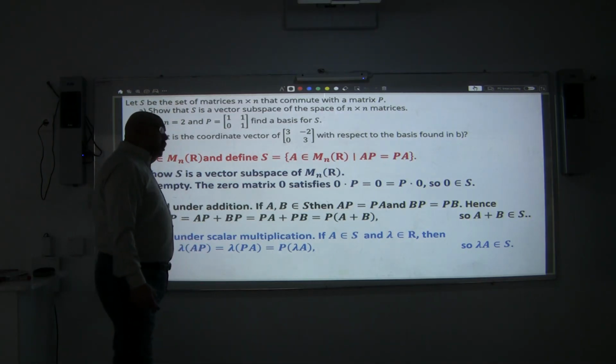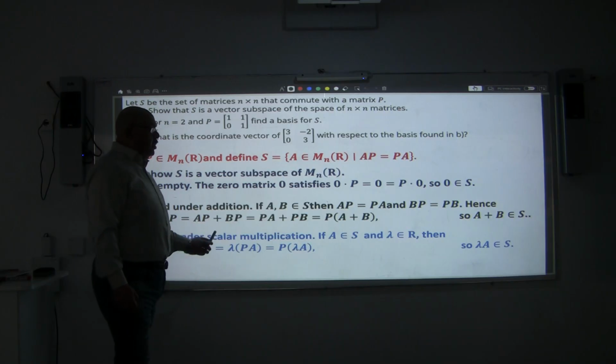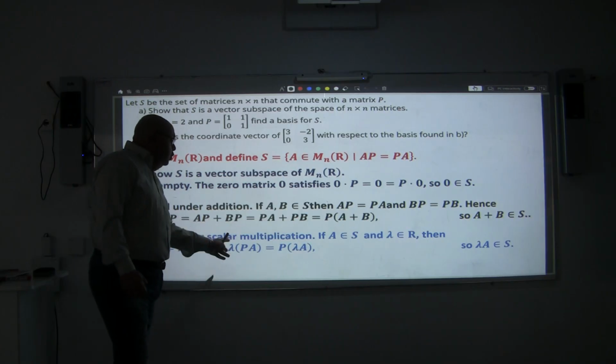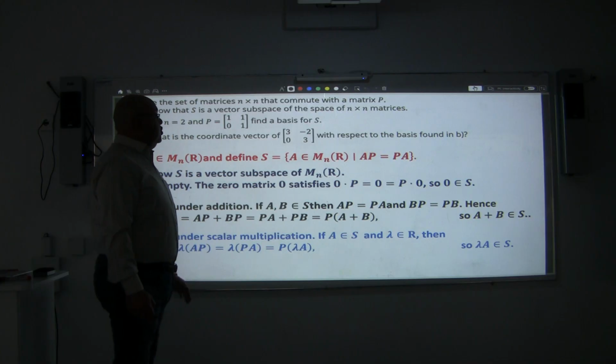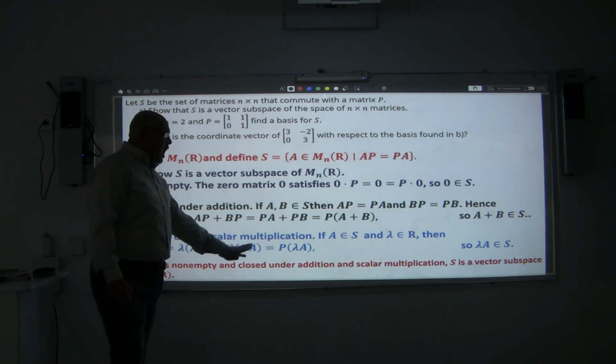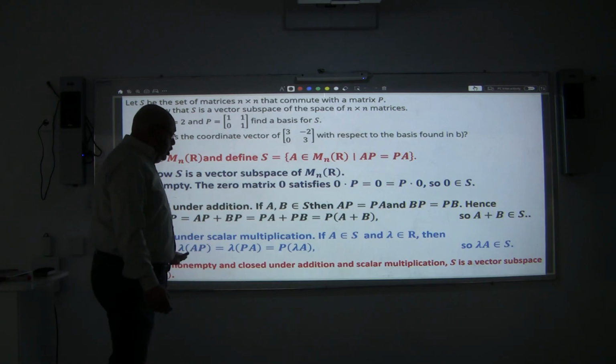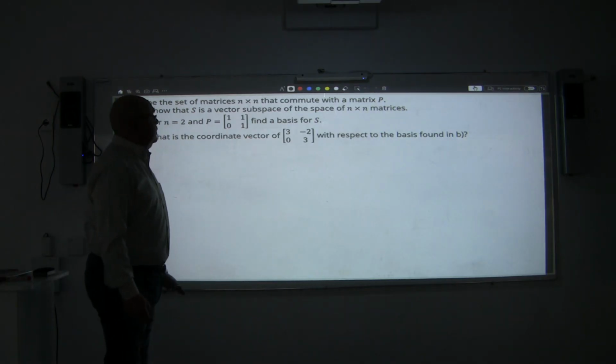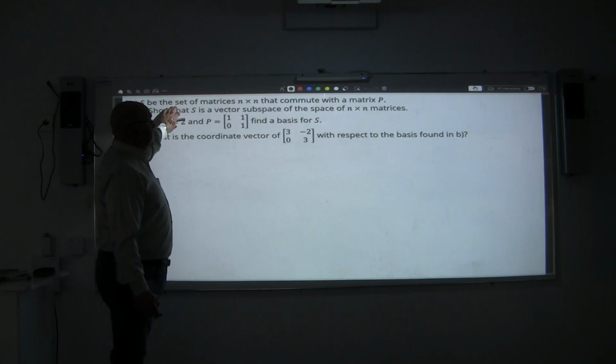Similarly, multiplication by a scalar value also holds with the commutation with matrix B and A. So it's already proven from these three steps, the scalar multiplication and the addition, that it's a subvector space. So for number one, it's proved.